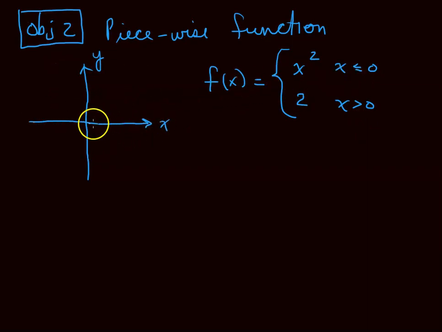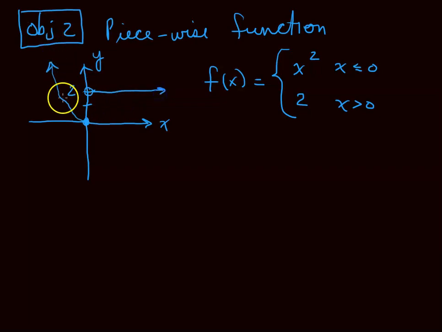Less than or equal to 0, you want it to be the parabola. Except when you get to 0, stop. Because we're only using x squared from negative infinity up to 0, inclusive. And then at 2, you want to start again with a constant function, but not include that point, but then everything to the right.